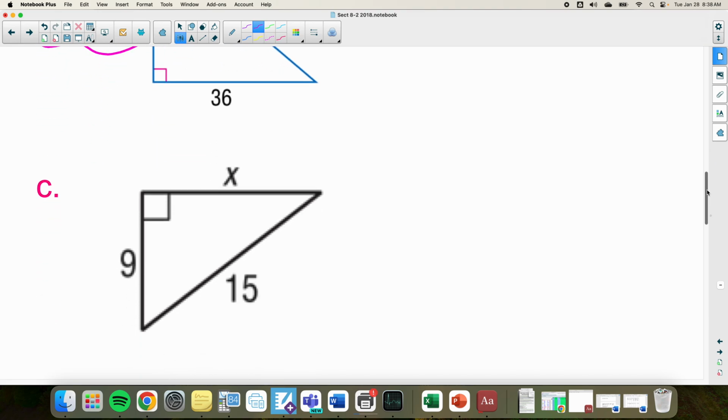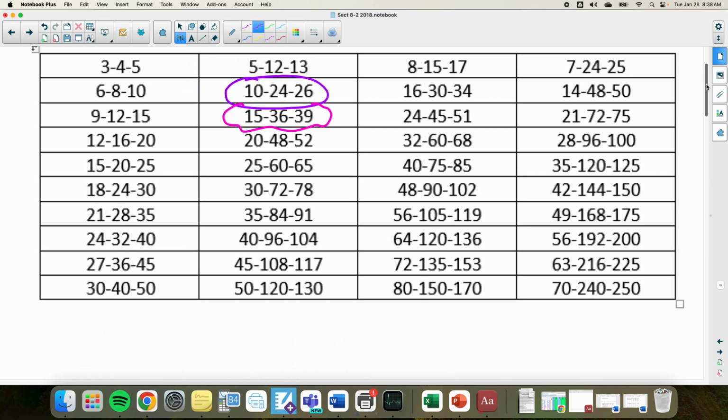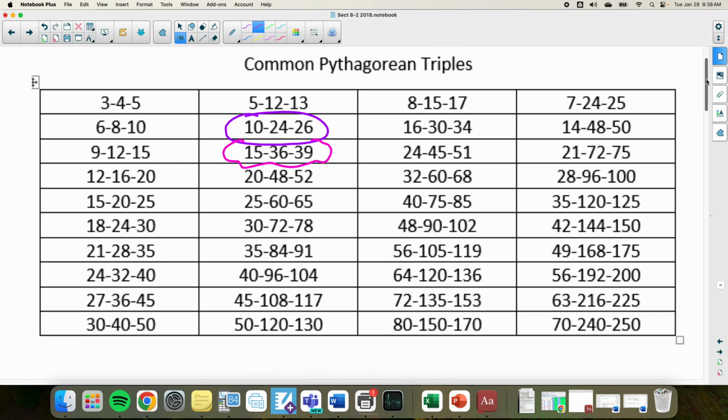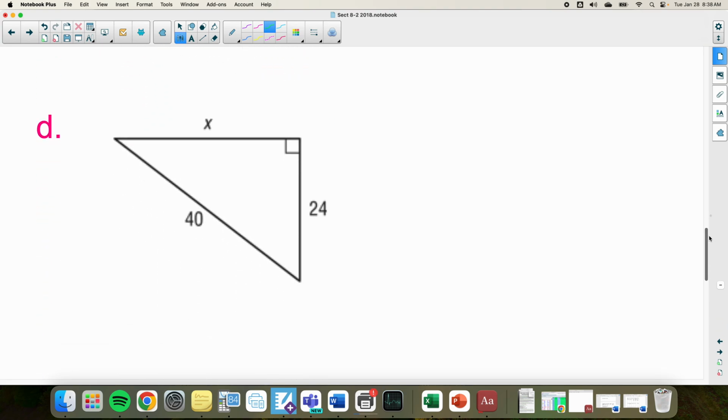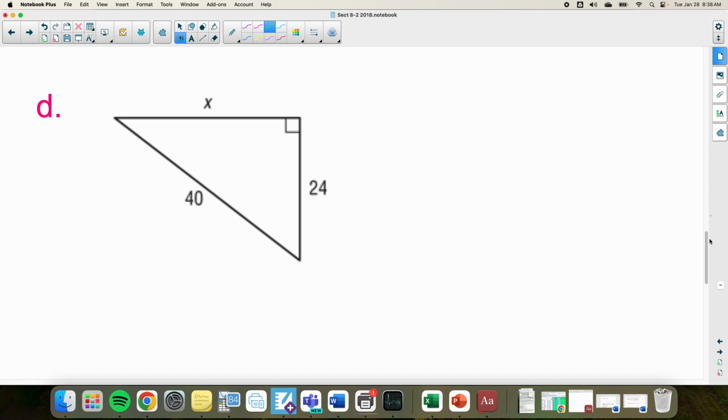Then if I look at this one, the biggest one is 15. So that gives me this right here. So it's 9, 12, 15. So that means this would have to be 12. Then if I look at this one, the biggest one is 40.